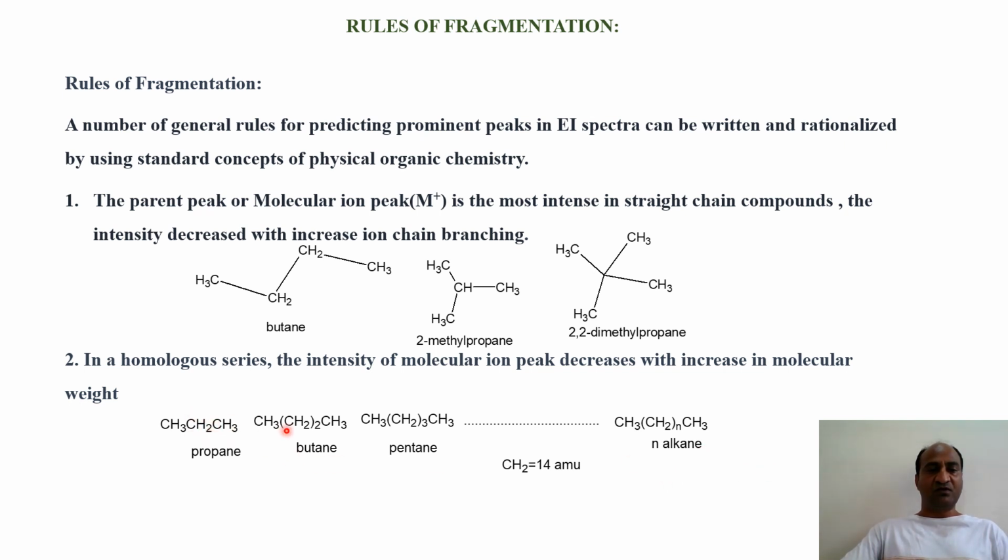Every compound's molecular weight is increased by a CH2 unit, that is carbon 12 plus hydrogen 2, total 14 atomic mass units. So by 14 units we are increasing the molecular weight. As the molecular weight increases, the intensity of the molecular ion peak decreases. So propane has the highest intensity molecular ion peak as compared to these compounds.